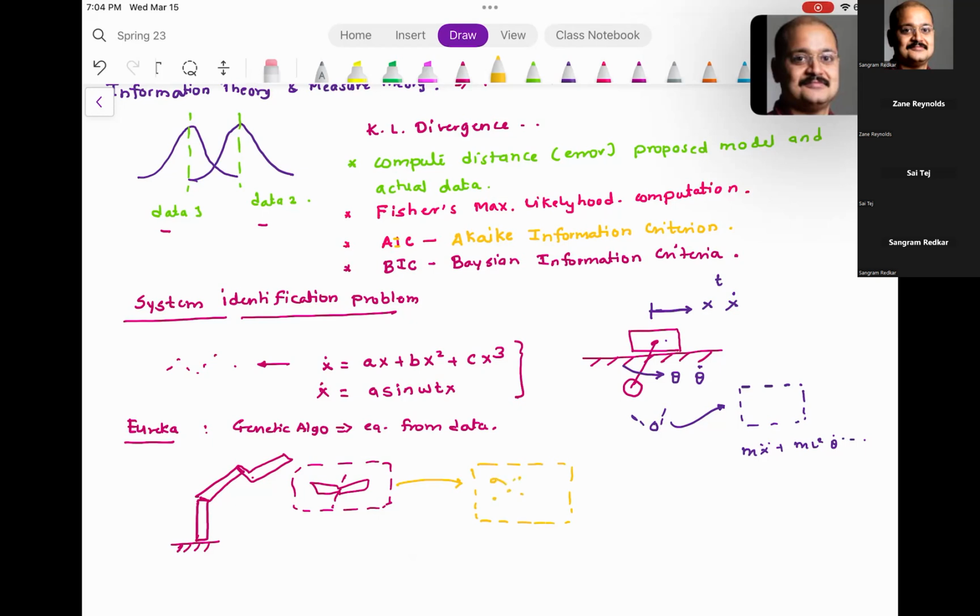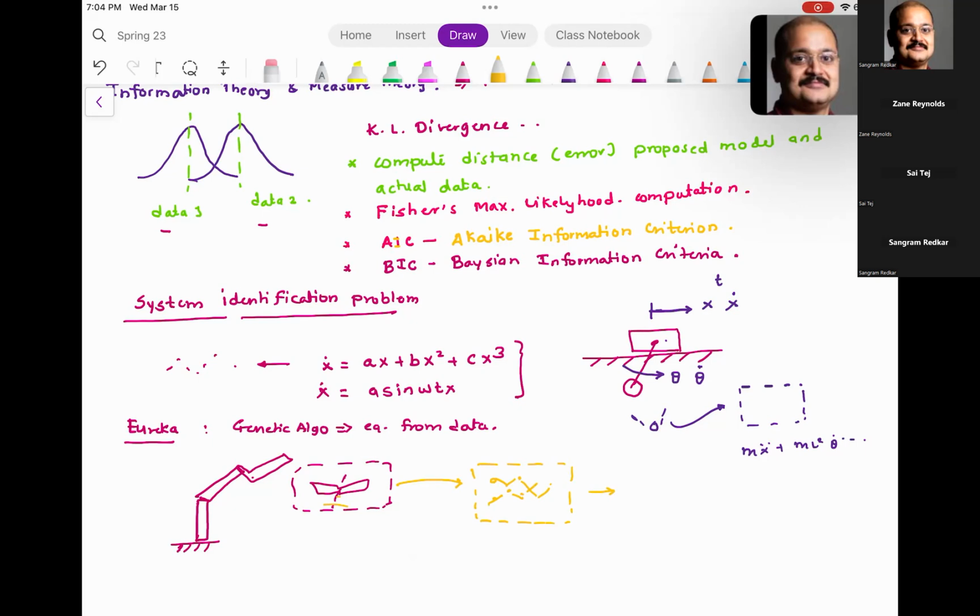Based on this video, it will give you a model, and then that model will give you an insight into how to mimic this biological system in a robot.